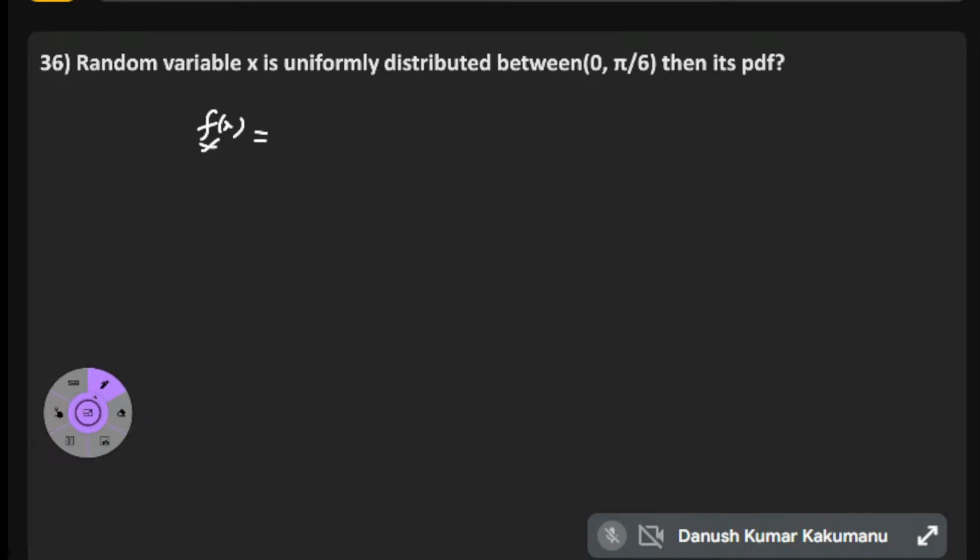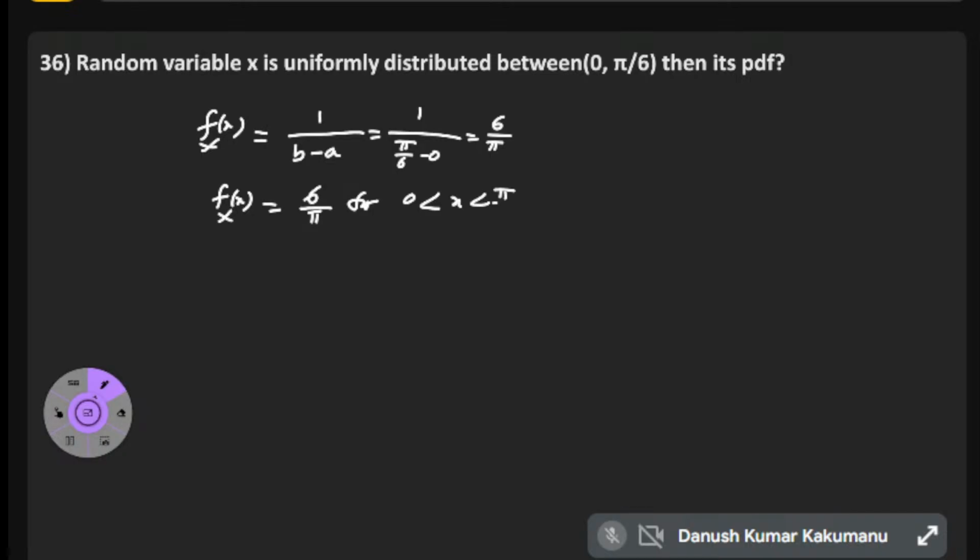What is the formula of the PDF of the uniform distribution? 1 by b minus a. Here b is pi by 6, minus 0. f of x is 6 by pi for 0 less than x less than pi by 6, and 0 elsewhere. So that is a uniform PDF.